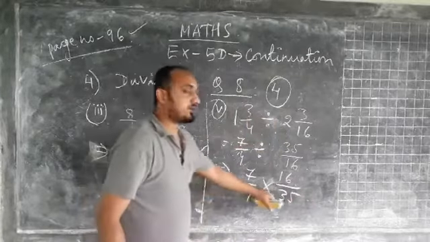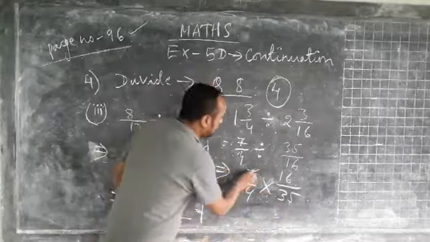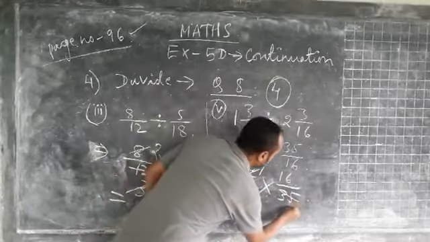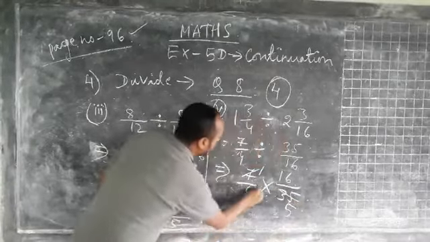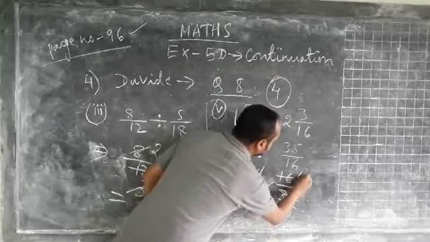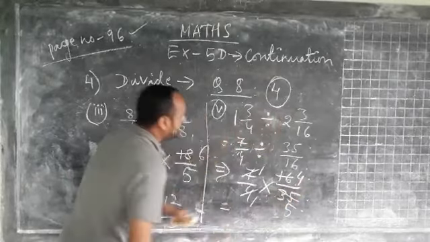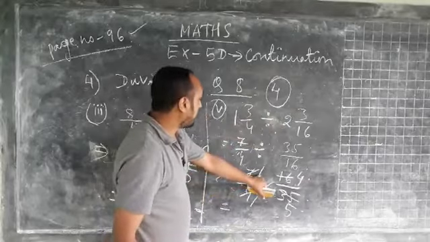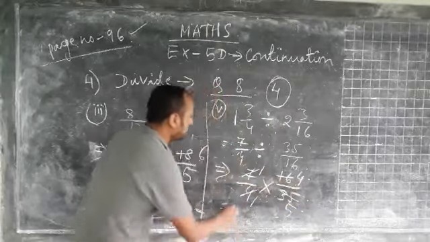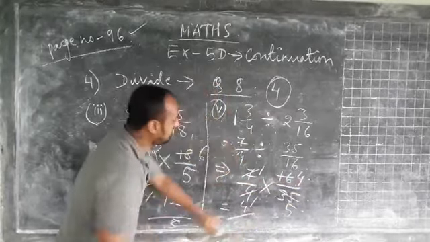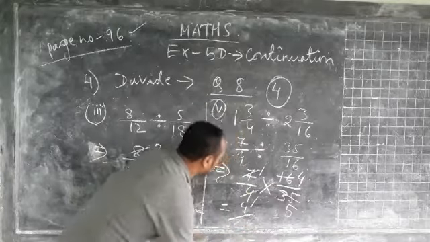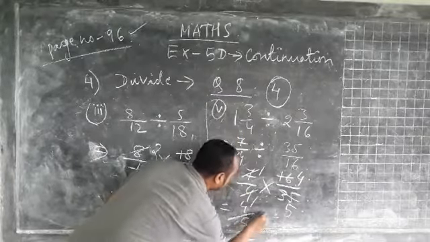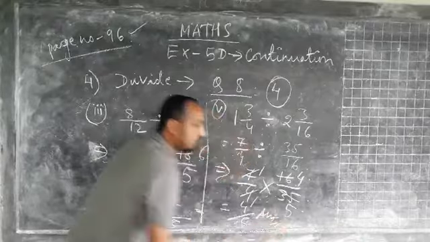Now we can reduce. 7 1s are 7, 7 5s are 35, 4 1s are 4, 4 4s are 16. In the numerator we have 1 into 4, which is 4, and here 1 into 5, which is 5. So your answer will be 4 by 5.